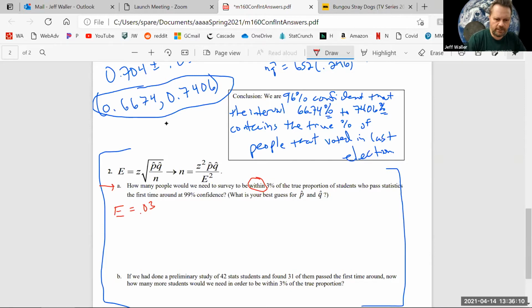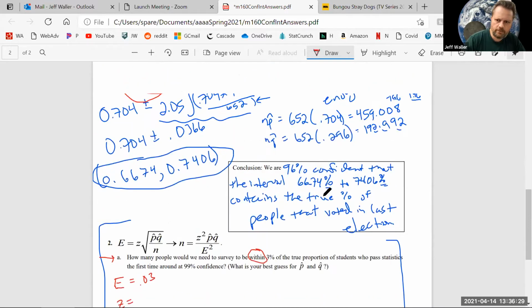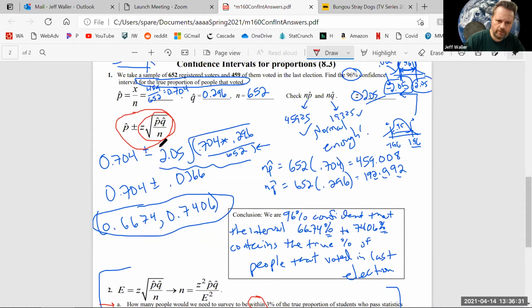Do I know what the z-score is? Is there a way to figure out what the z-score is going to be for this problem? Which part of the question tells me how to get the z-score? So for example, why did we use 2.05 up here? Does anyone remember?